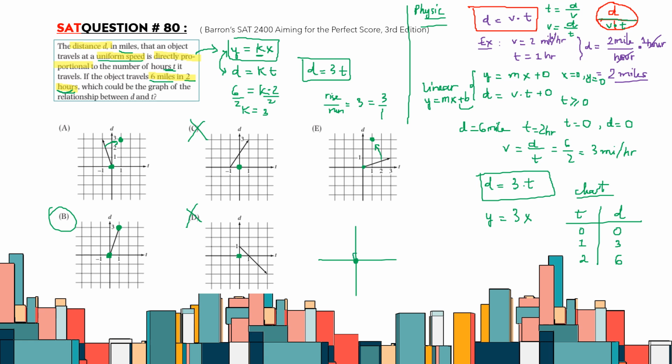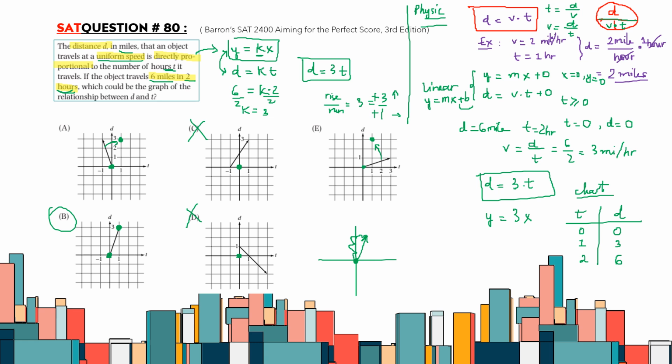We run 3 units, 1, 2, 3, up 3 units because it's positive 3 and positive 1 to make it positive 3. So we run up 3 units, we run to the right 1 unit. And we know that is how it looks. And we're matching.